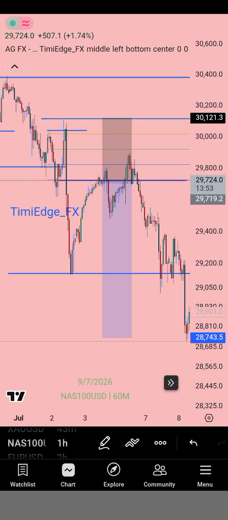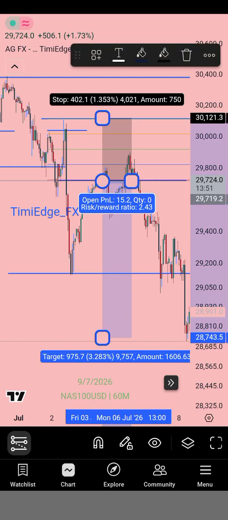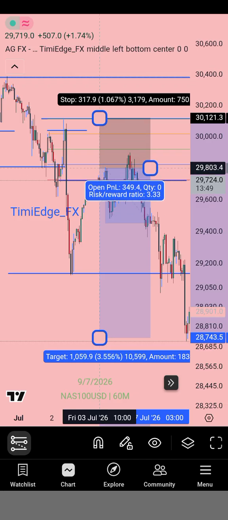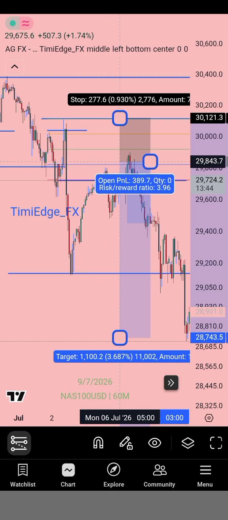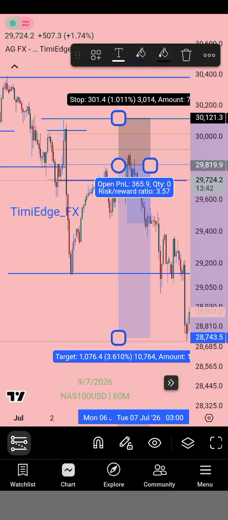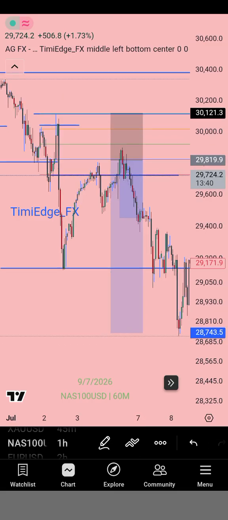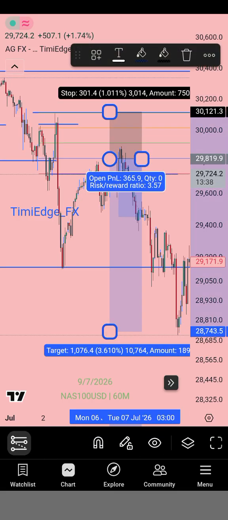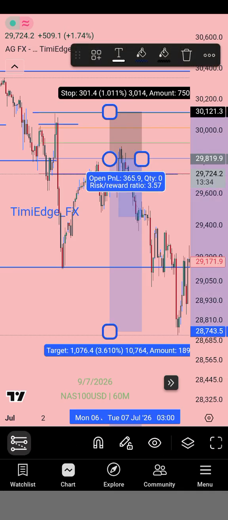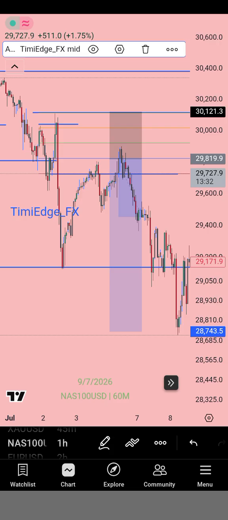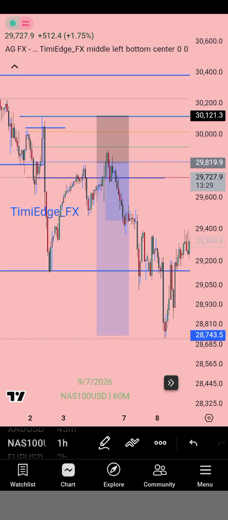If you want to make it more refined, you can shift your TP level to this level here, to the last upper quadrant of that candle, which will give you a cleaner 1 to 3, right?